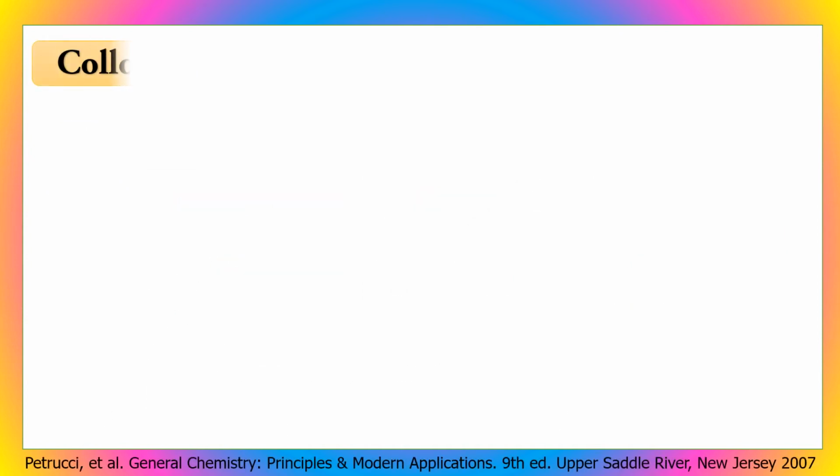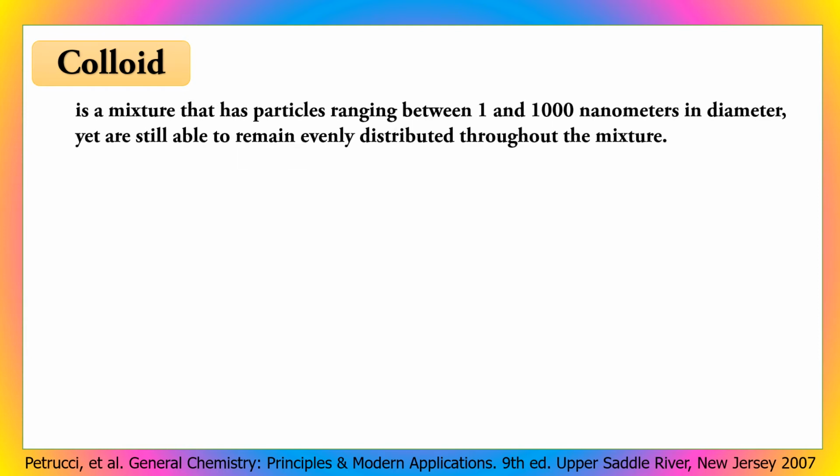Let us proceed to the next type of mixture, which is colloid. Colloid is a mixture that has particles between 1 nanometer and 1000 nanometers in diameter. People may imagine that is too small, but it is bigger than the particles of a solution, and it is also evenly distributed throughout the mixture.